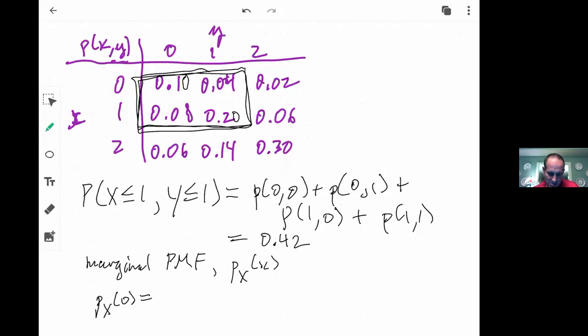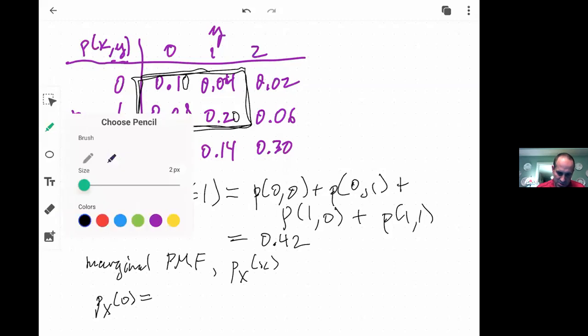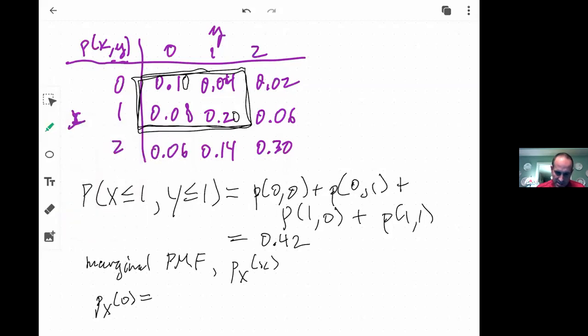If I want zeros, I will use a different color here, I'll go with red. That means I'm gonna look right here, at all possible things that are happening when x happens to be equal to 0, and I add all of these things together that happen to be in this row.